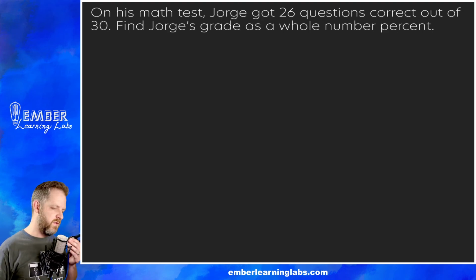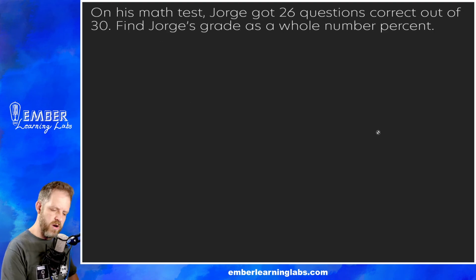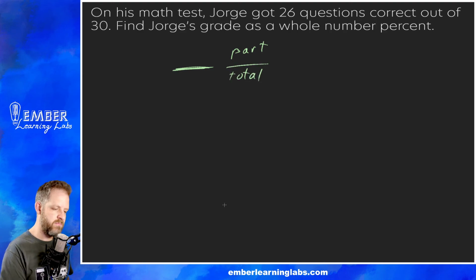Okay. So we're going to start by, when we're doing a word problem, we want the part over the total. So 26 over 30.